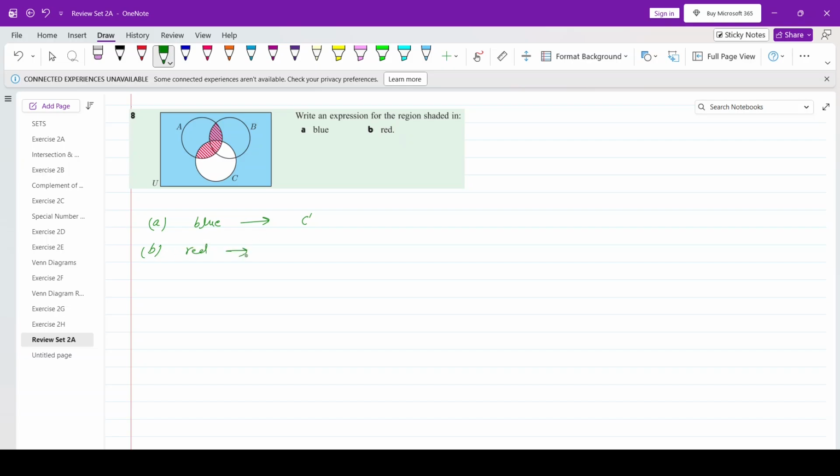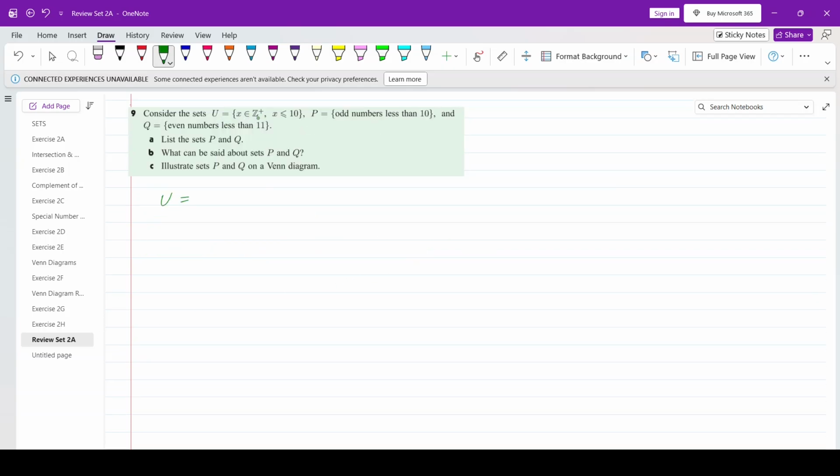And the red region is A intersection B along with A intersection C. So this region is A intersection B and this region is A intersection C. So we can say the red region is A intersection B union A intersection C. And this is our answer.